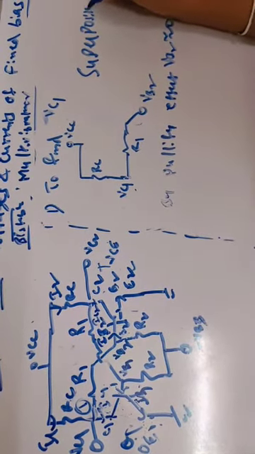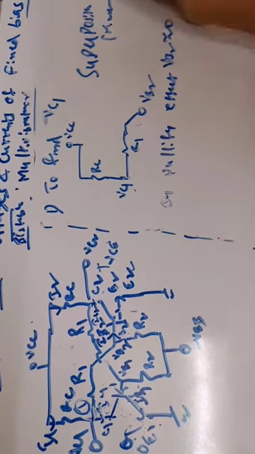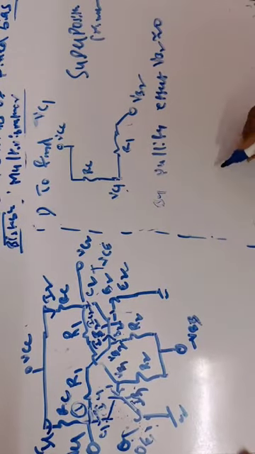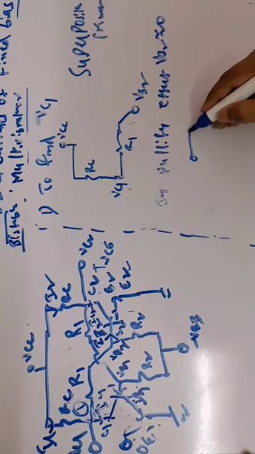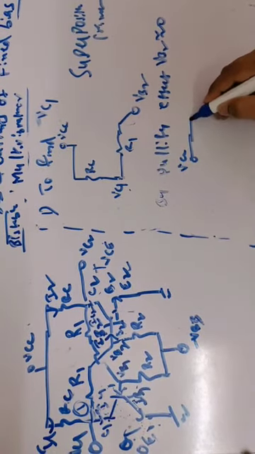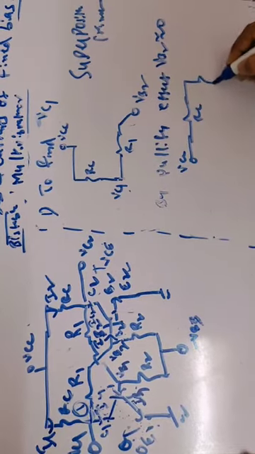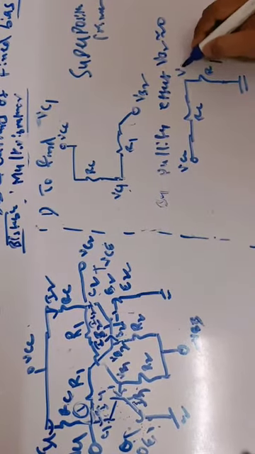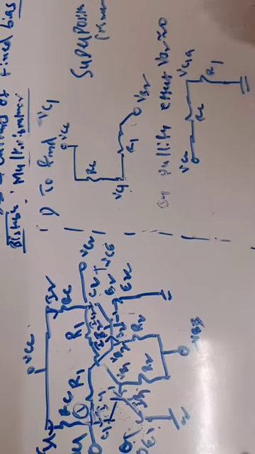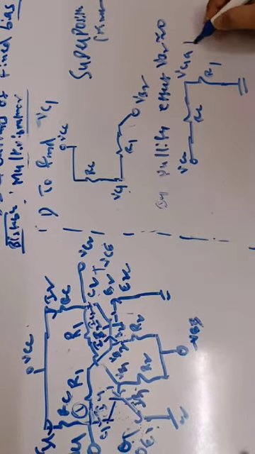So by applying the superposition principle, what will be the resultant voltage? VC1 at this point, in the first case, is with VCC, RC and R1. This is directly grounded here, and we will call this VC1A. Now it's a sum of two voltages.